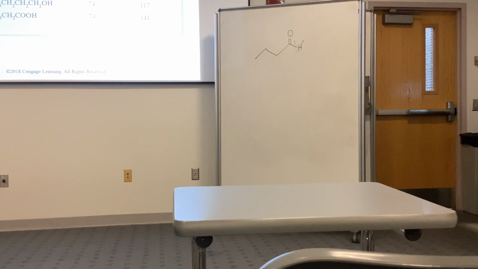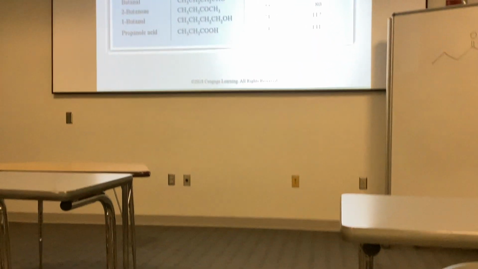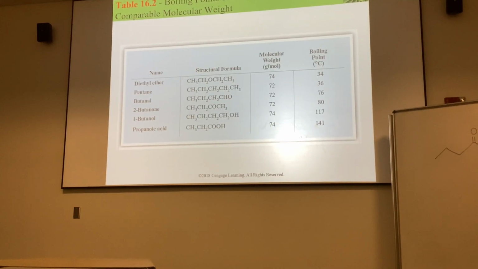That's how that is. So, let's see. These all have not the same number of carbons necessarily, but since carbons and oxygens are of similar molecular weight, if you take number of carbons plus number of oxygens, you get the same number for each of these, yeah?